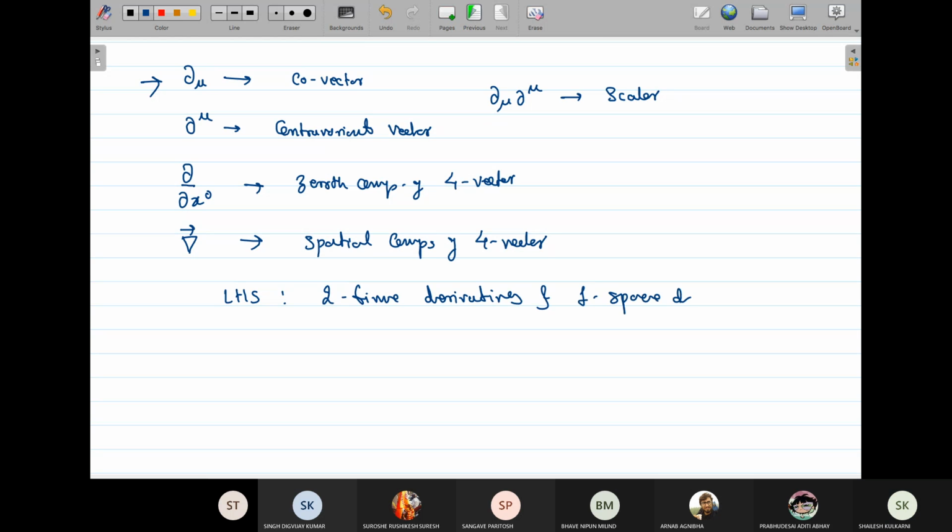Is there any chance for this equation to transform like a scalar, or this term? In the LHS, there is a term which contains two time derivatives and one space derivative. Is there any chance for this term to transform like a scalar?